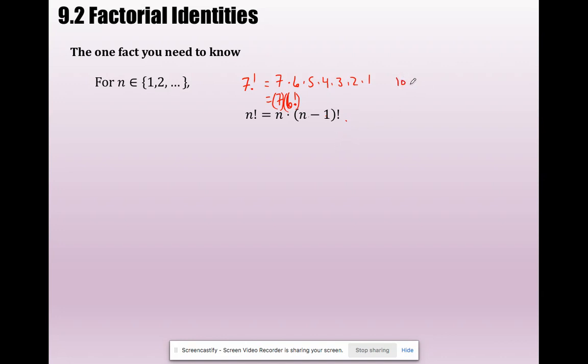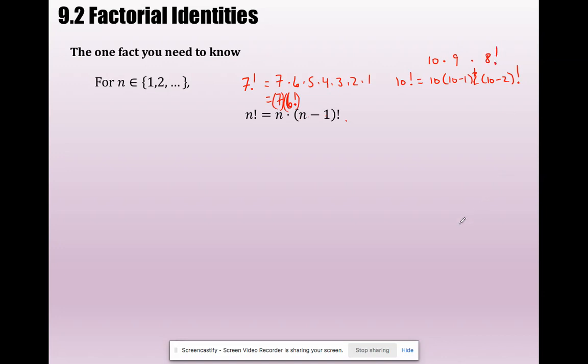So 10 factorial is the same as 10 times 10 minus 1 factorial. And of course, I can keep going. 10 factorial is also 10 times 10 minus 1 times 10 minus 2 factorial, right? Because 10 factorial is 10 times 9 times 8 factorial.